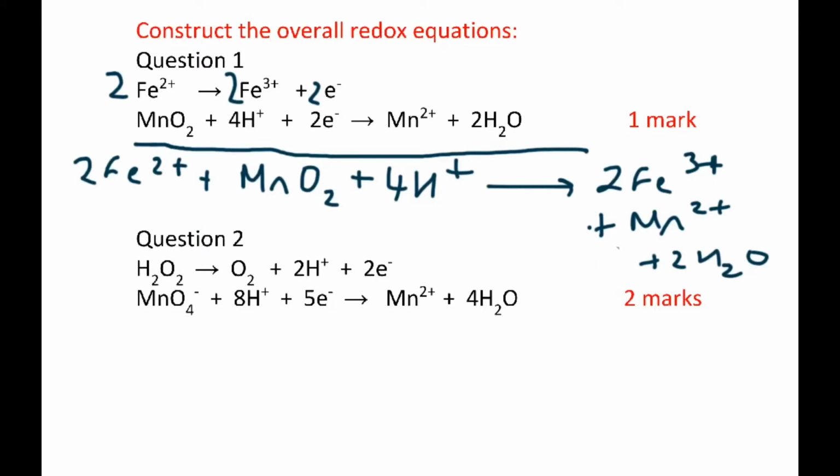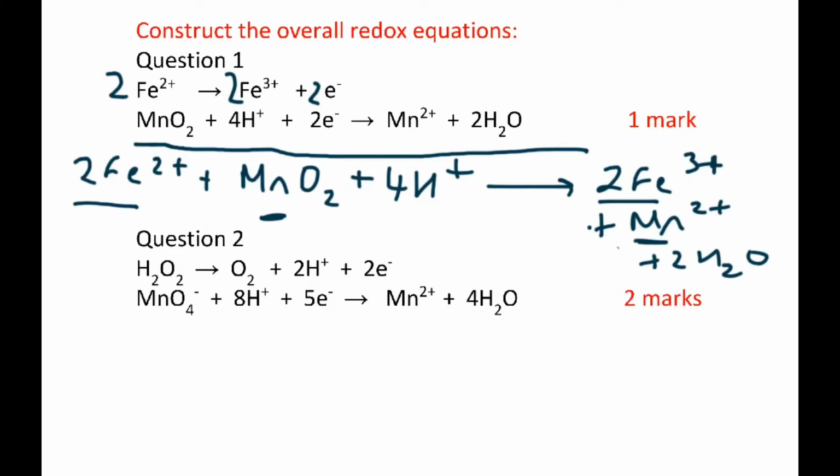Therefore you have got your redox equation. It's only 1 mark, I know, but it's always a good idea to check it's balanced before you move on, like you do in maths when you're checking your answer. There are 2 irons on the left and 2 irons on the right, 1 Mn and 1 Mn.